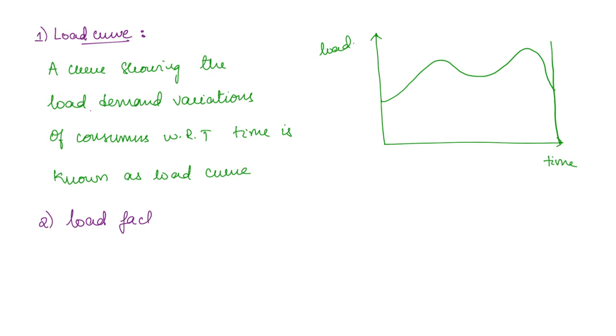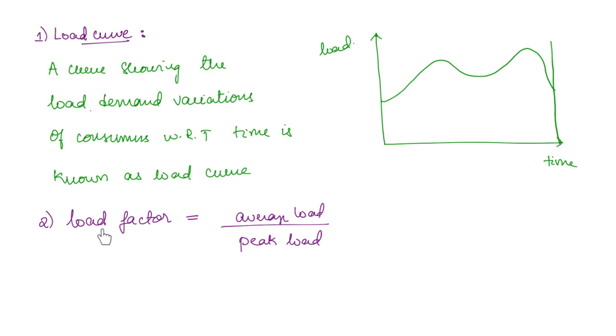Next is the load factor. This is the ratio of the average load divided by the peak load. So the peak load during the same time that we are finding out the average load. So if you are finding out the average load over a day, then what is the peak load in that particular day?